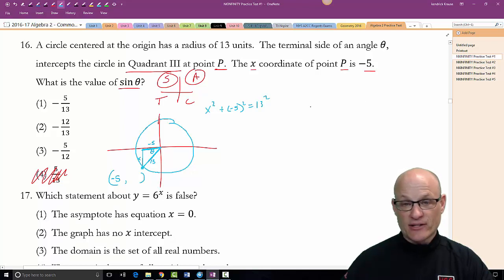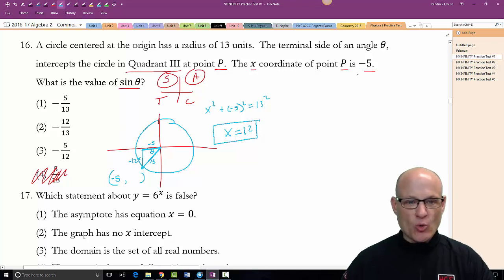You got to do the Pythagorean theorem. I hope by now, if you're in trig, you should know that's a 12. I'm not going to go through this math. I'm assuming you can do the Pythagorean theorem. So x equals 12, but since it's down here in the third quadrant, it's really negative 12. That's a directed distance down.